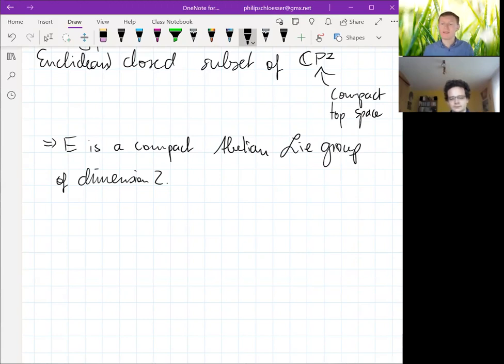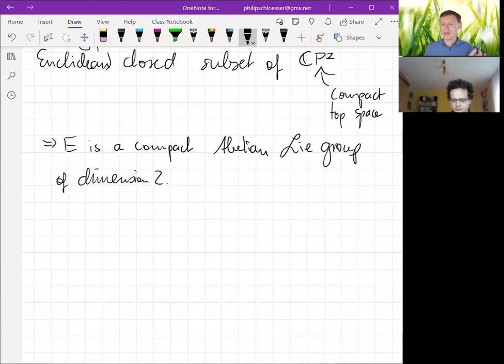And in the lecture on Lie groups, we had a theorem that classifies all abelian Lie groups. Namely, all abelian Lie groups have to be some number of copies of R times some torus.